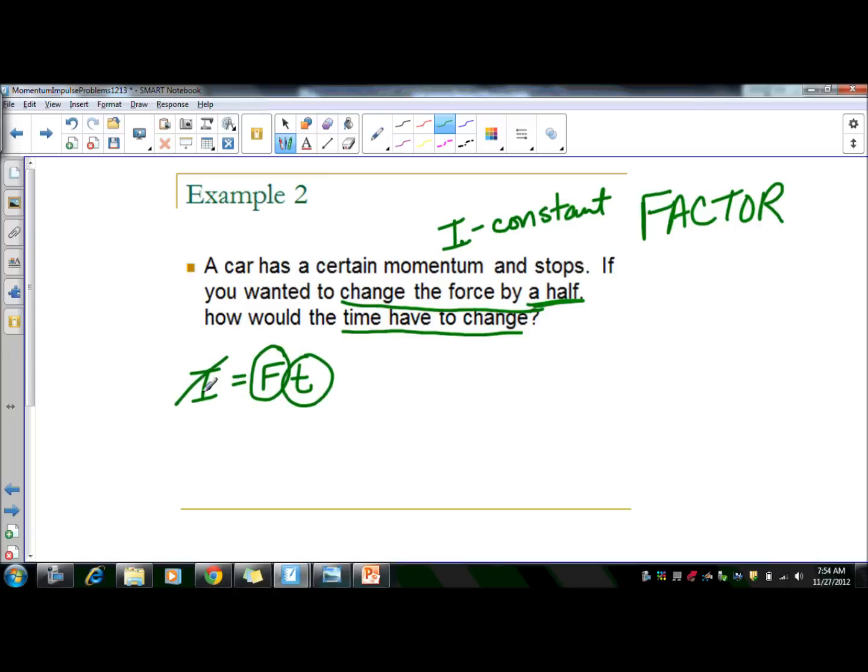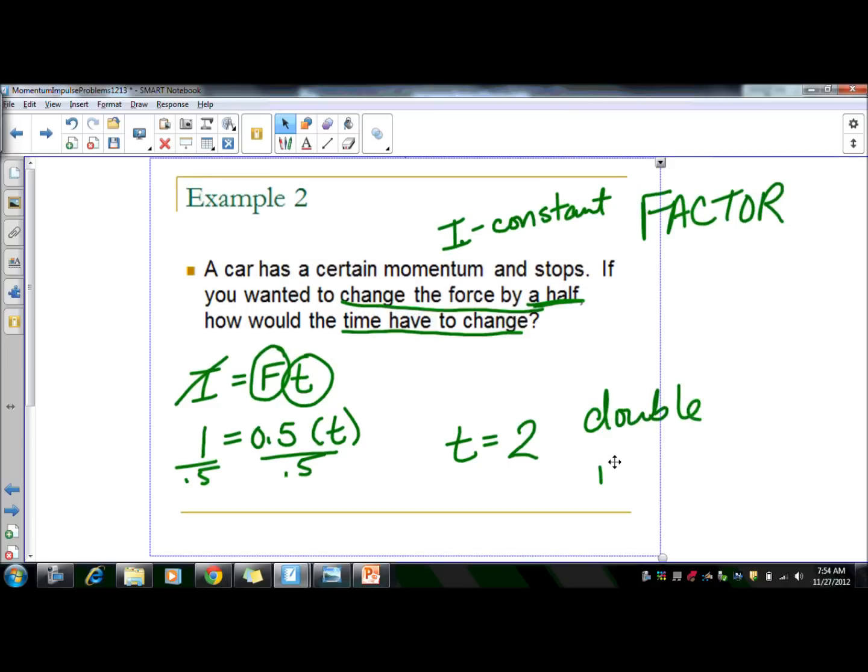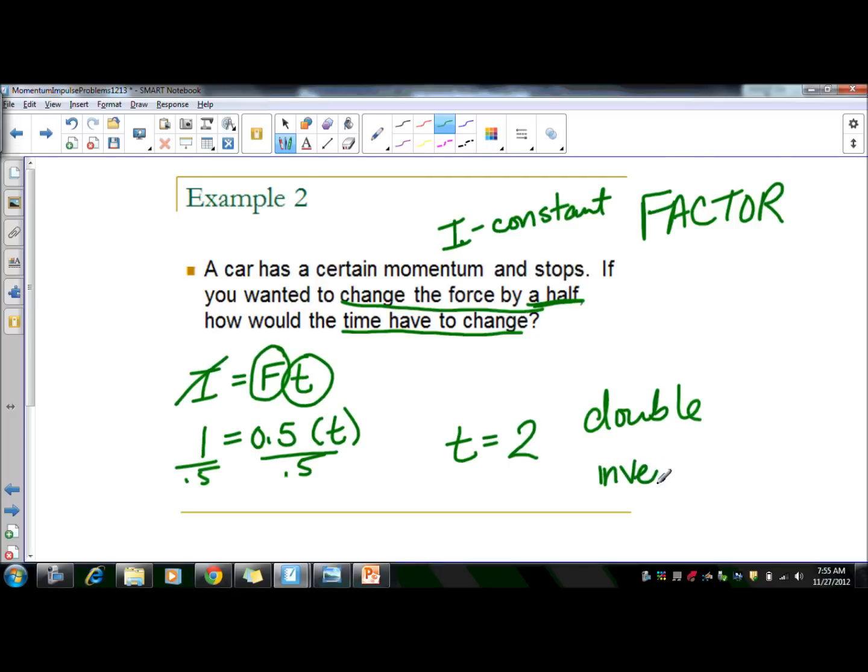Impulse is not changing, so that goes away. Anytime you don't have anything left, you put in a placeholder of 1. The force is changing by a half, so let's put in 0.5 times t. So to figure out how the time changes, we need to divide by 0.5, and we get a time of 2. So if you want to half the force, you have to double the time. This is an inverse relationship.